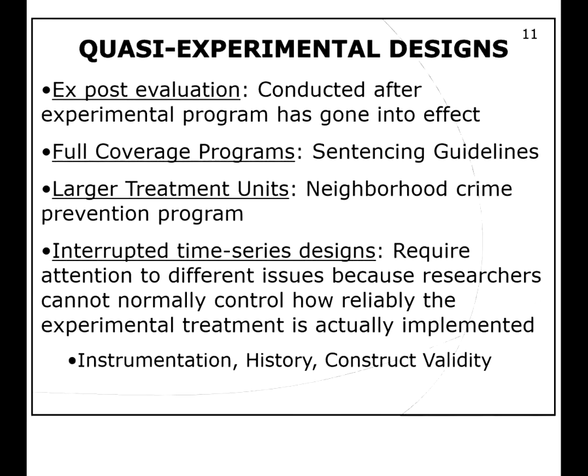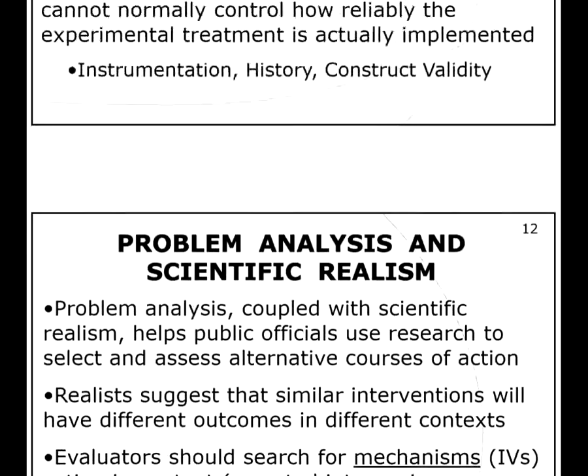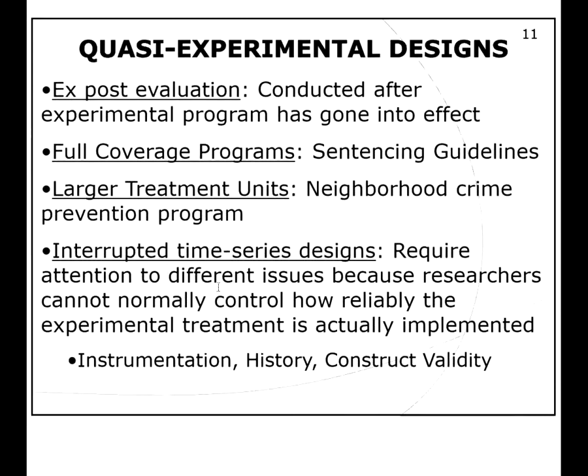But anyway, one popular method is an interrupted time series design, which is a little bit more advanced than what we've covered in this class. But essentially, you track the trend in things over time.